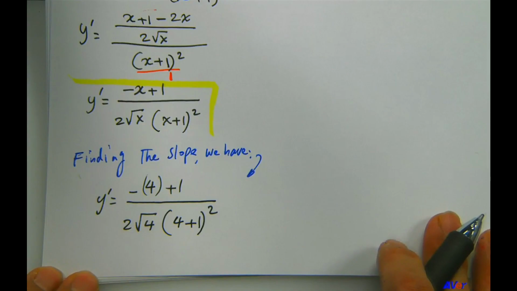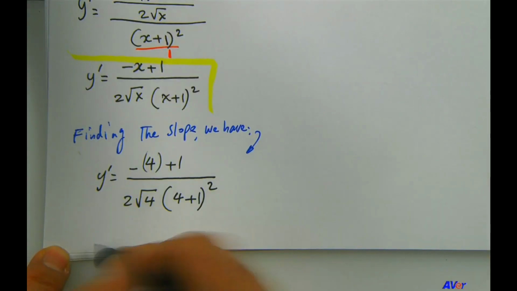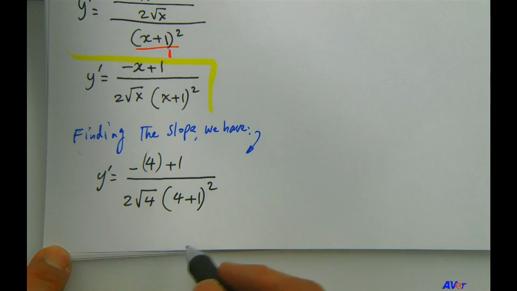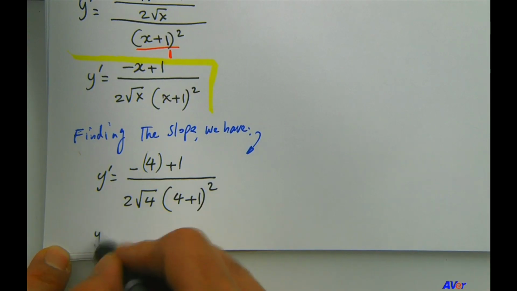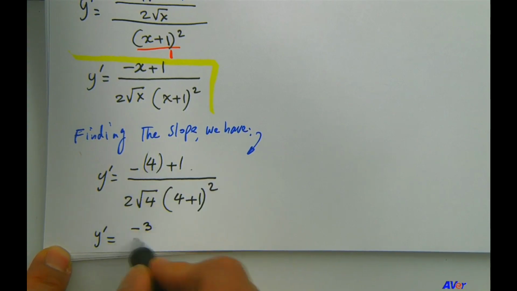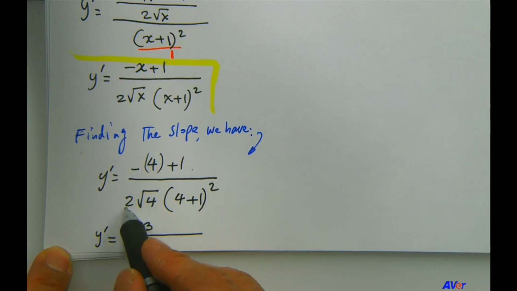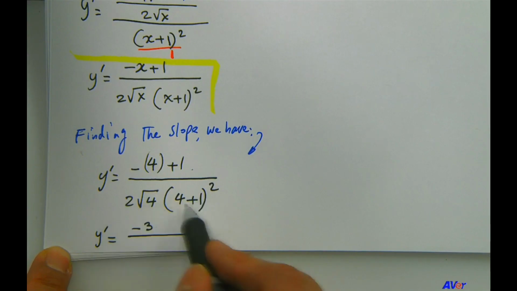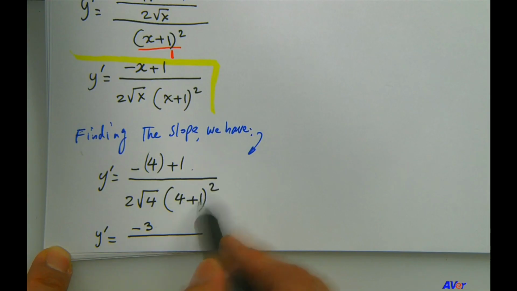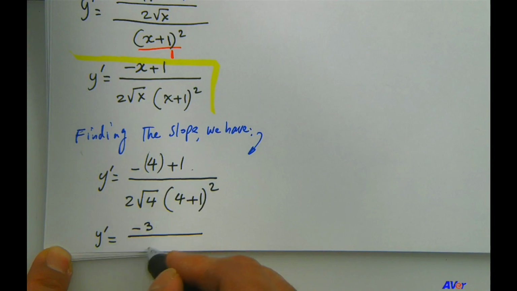So if we then simplify this, what do we get? I'm running out of space here, but it's okay. So y prime is equal to, that's minus 3. And then we have divided by, square root of 4 is 2. 2 times 2 is 4, right? 4 times, this is 5 squared is 25, right? 4 plus 1, 5. 5 squared is 25 times 4 would be 100.